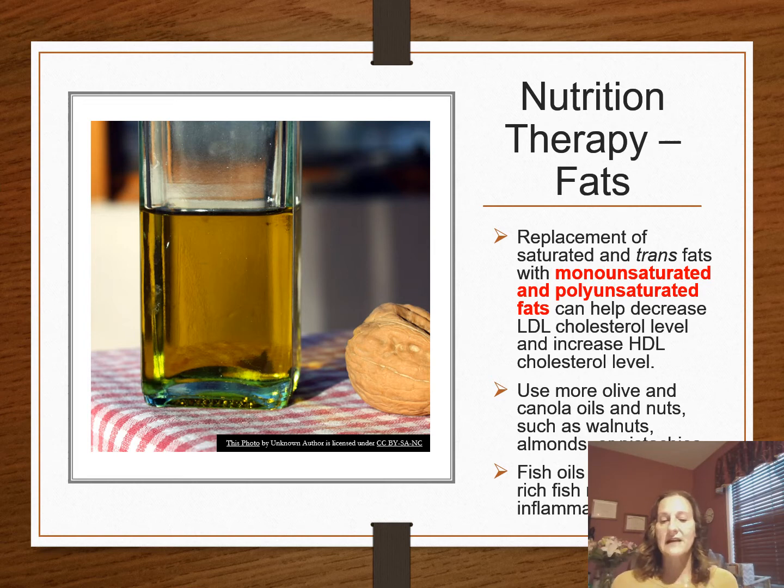So they're recommending more olive oil, canola oil, nuts such as walnuts, almonds, pistachios, and then fish, consuming the fatty fish, which has oils that are rich in omega-3 fatty acids, which include salmon, mackerel, tuna, and bluefish. That helps reduce inflammation and helps decrease the risk of blood clots.